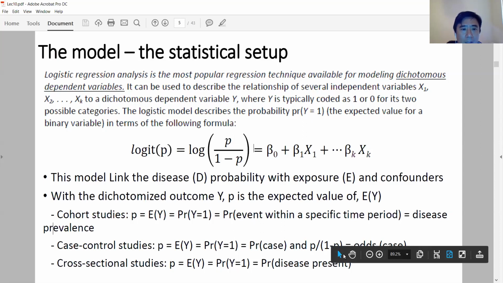It won't give you the prevalence because you will not have a cumulative number of cases. Some people may explain this in the cross-section as the disease incidence, but it's not exactly the disease incidence, because this may be a case accumulated, or may not be a case which happened right at that time point.